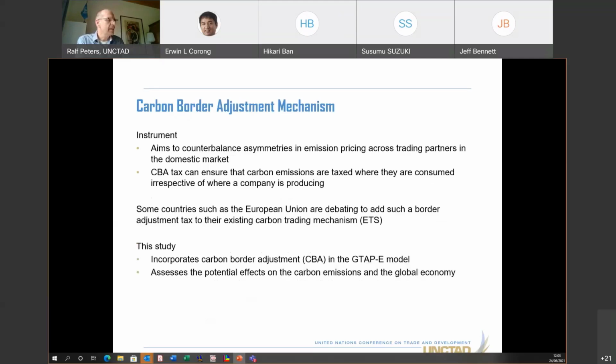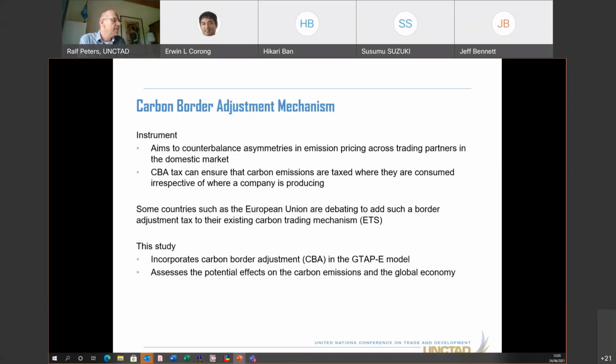An instrument that is discussed in connection with these two concerns is the carbon border adjustment mechanism. This mechanism aims to counterbalance the asymmetries in emission prices across the trading partners.